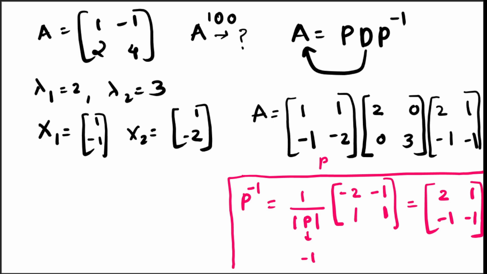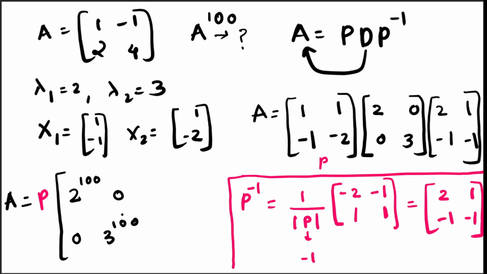Now it is simple. A is equal to P as it is, and then for the diagonal matrix, 2 raised to 100, 0, 0, 3 raised to 100.